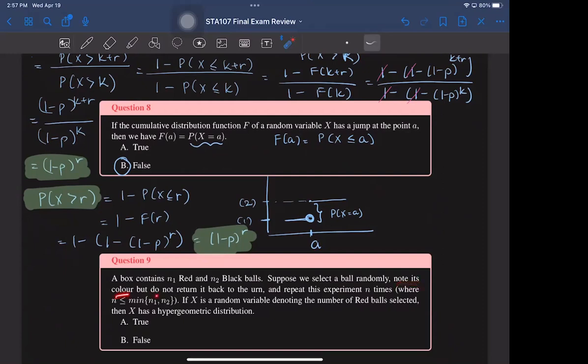We note the color, but do not return back to the urn, which means without replacement. Since the choice after each affect each other, remember that hypergeometric distribution is when you sample without replacement.